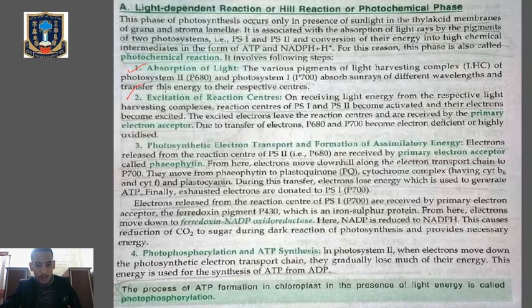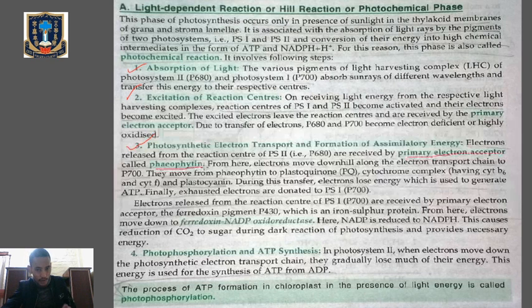After that we have number 3 process, which is called the photosynthetic electron transport and the formation of assimilatory energy. So let's go into details. So electrons released from the reaction center of both the PS2 and the PS1 will be received by the primary electron acceptor. Now let's see the electron acceptor of PS2 and the PS1. Okay, so the electron which is released from the reaction center of PS2 will be received by the primary electron acceptor, which is called pheophytin.